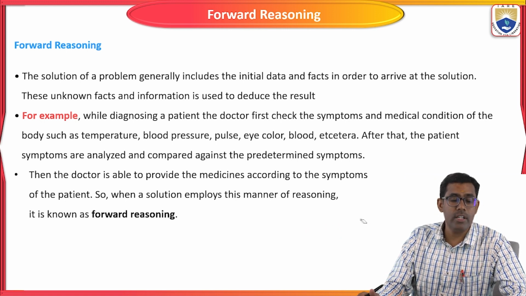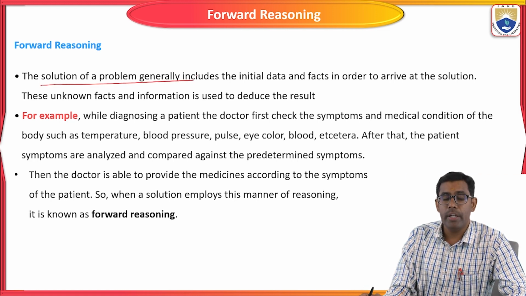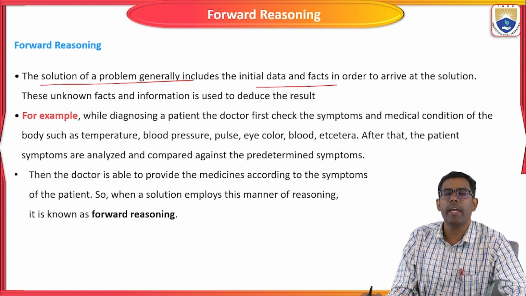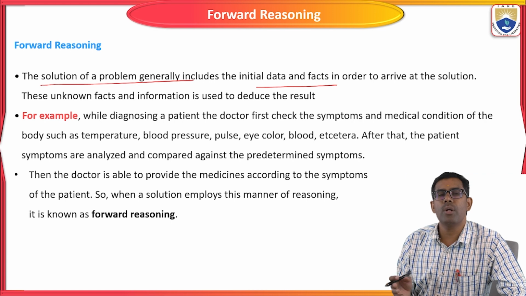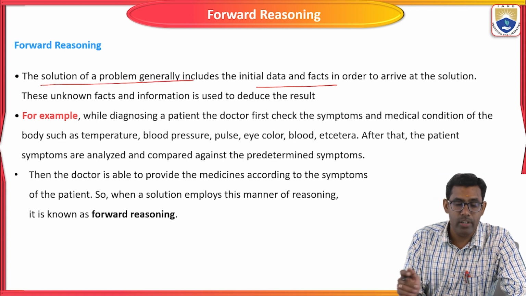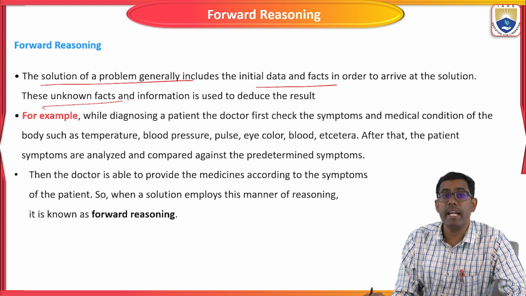Okay, so in forward reasoning, the solution of the problem generally includes the initial data and facts in order to arrive at the solution. If you are using forward or backward reasoning to find the solution for particular or simple problems, the unknown fact and information is used to detect the result.